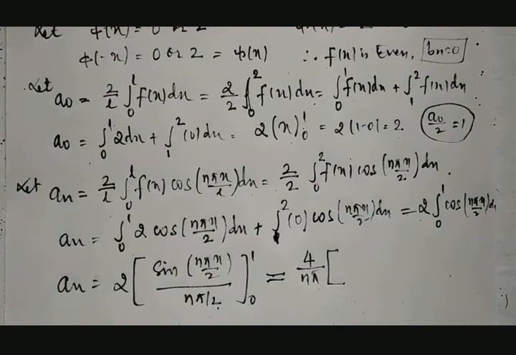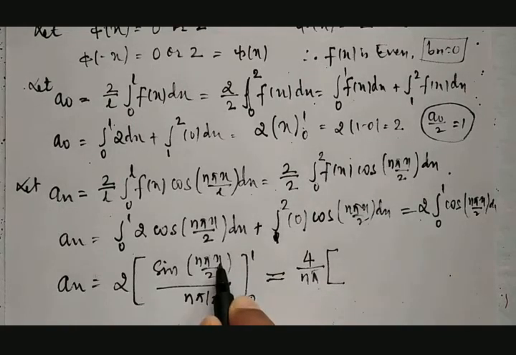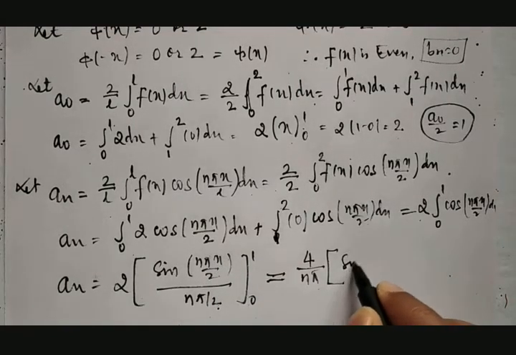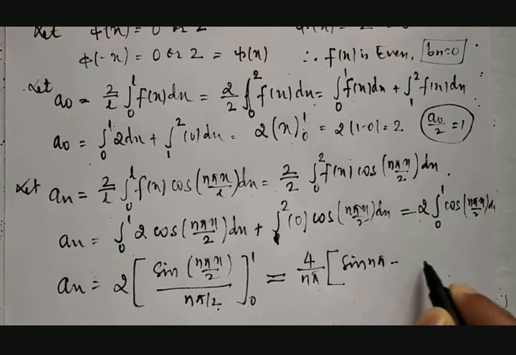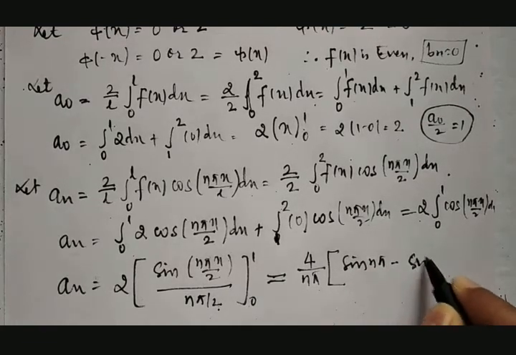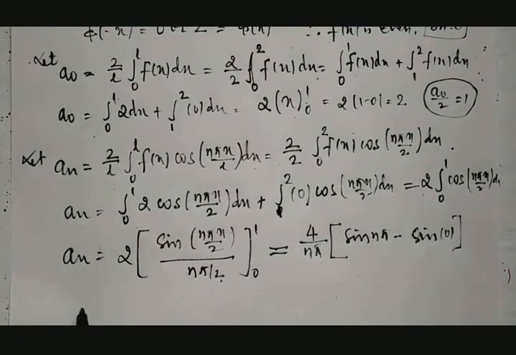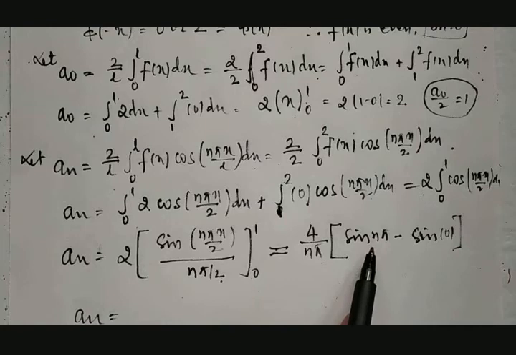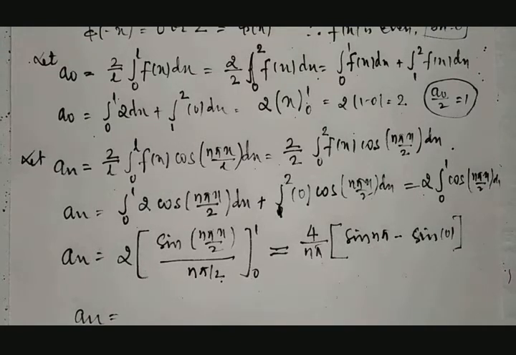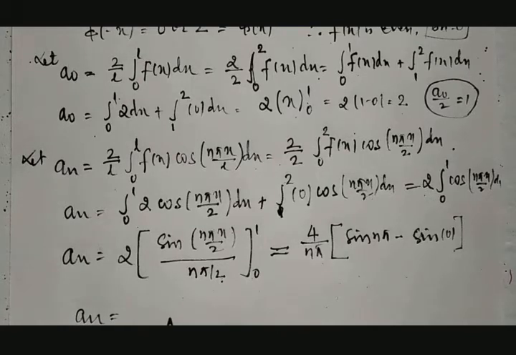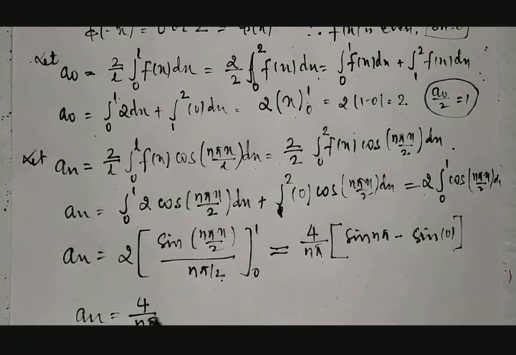If you substitute the upper limit in place of x, putting 1, it becomes sin n pi minus sin 0. So An is equal to 4 divided by n pi into sin n pi.